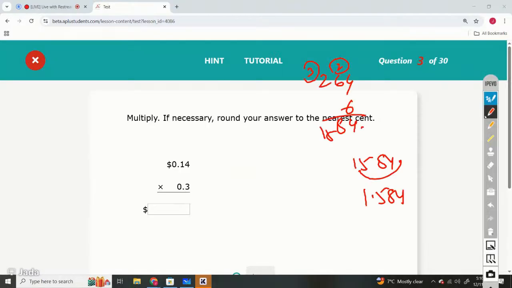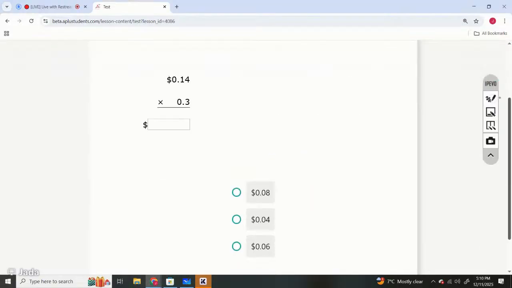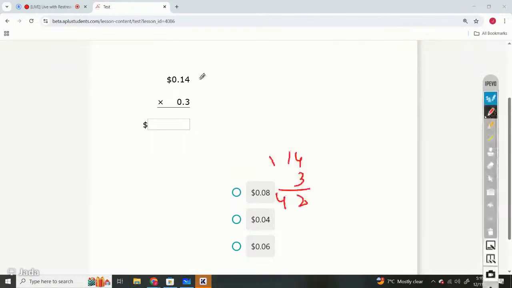0.14 times 0.3. So 0.14 has two decimal places and 0.3 has one decimal place.